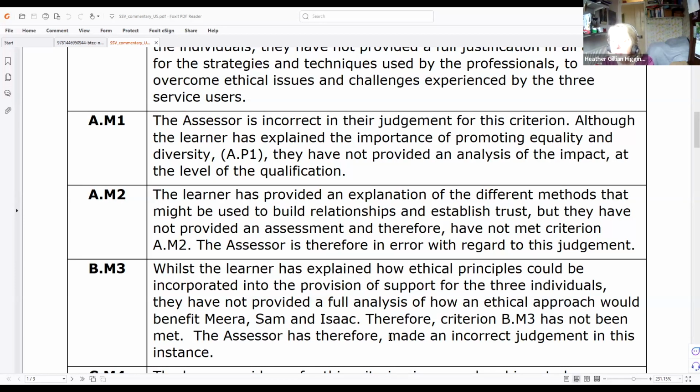They've not looked at exactly why in full detail. It doesn't go beyond an explanation, and therefore the assessor is wrong. So it's important, going back to the command verbs and the essential information, that the assessor, when you're marking, makes sure that you have a good understanding of what those verbs mean, that your learner understands too.